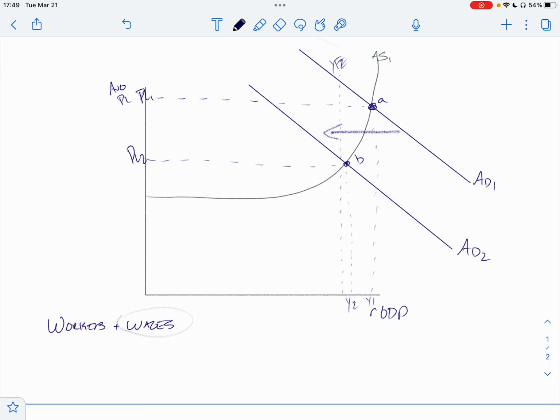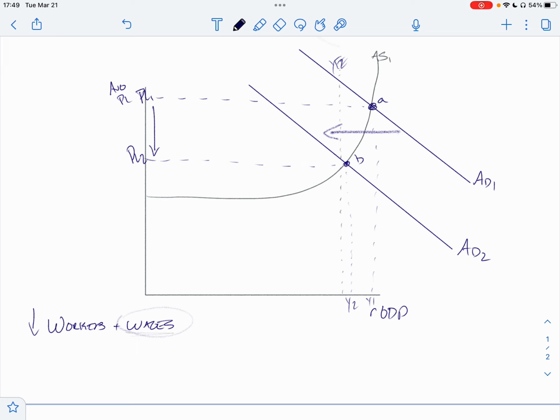If this is the case, we can imagine that the decrease in demand for goods and services leads to a decrease in the demand for workers and a decrease in the demand for the factors of production, such as capital and even probably land. And so we'll see a decrease in the average price level from PL1 to PL2.